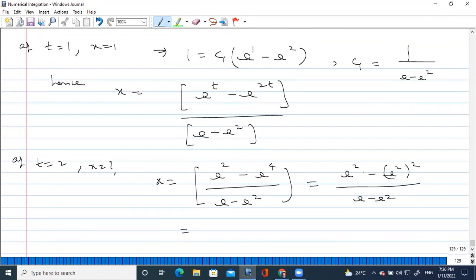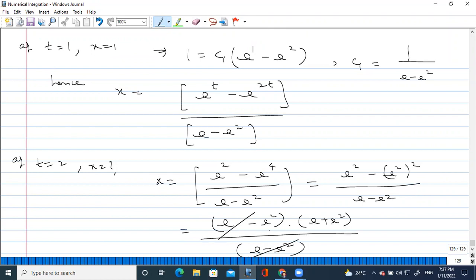You can write it using a² minus b² is (a minus b)(a plus b): (e minus e²)(e plus e²) divided by (e minus e²). So this will be cancelled and the final answer is e plus e². So x is e plus e². Okay, note down this.